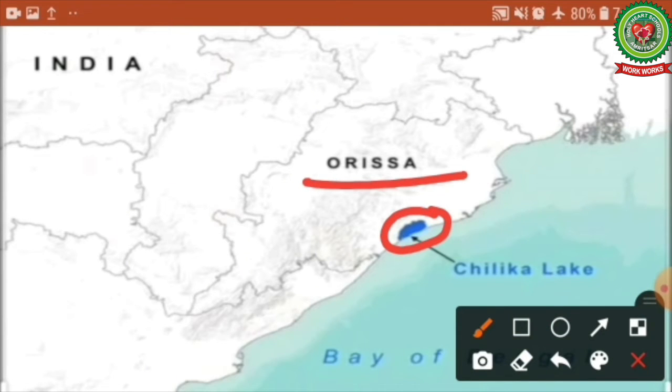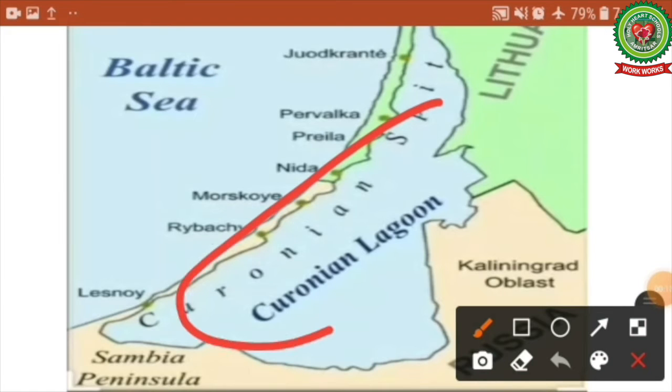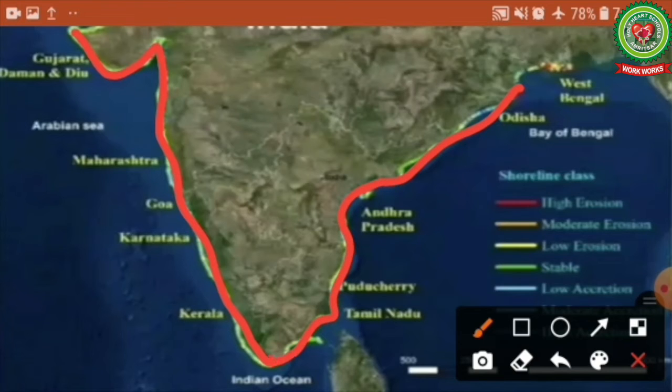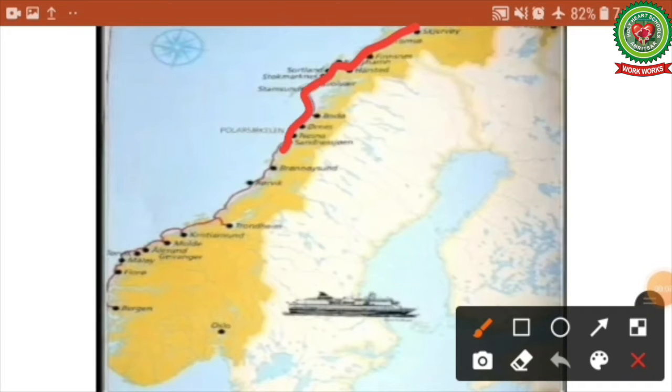In a trough, they move backward. It is clear from the movement of the water in a wave that only the form of the wave moves forward through the water, and the water itself does not move forward or backward. The coast of Norway provides typical examples of this type of coast.